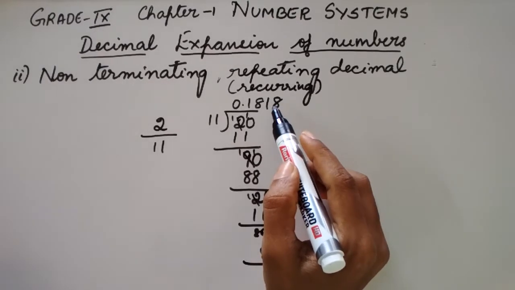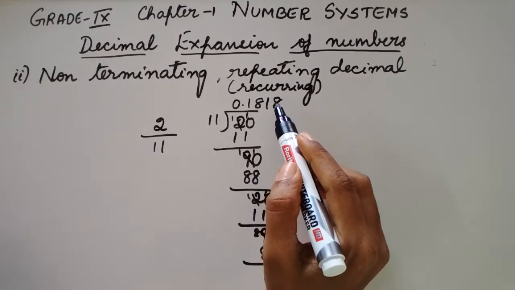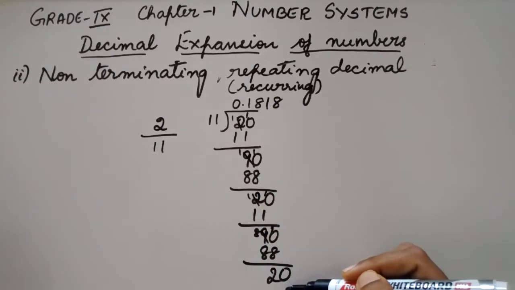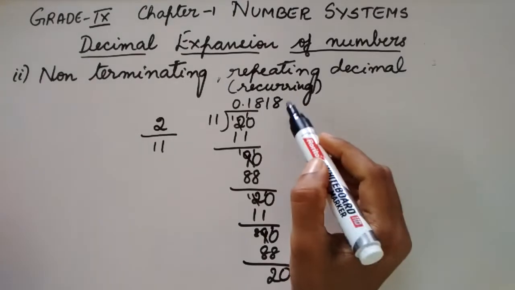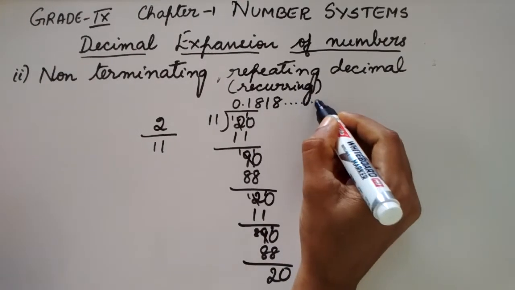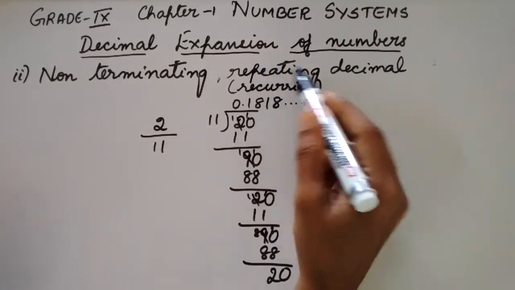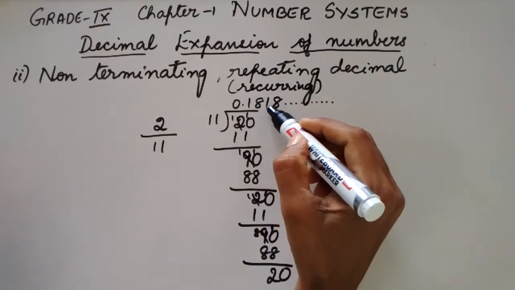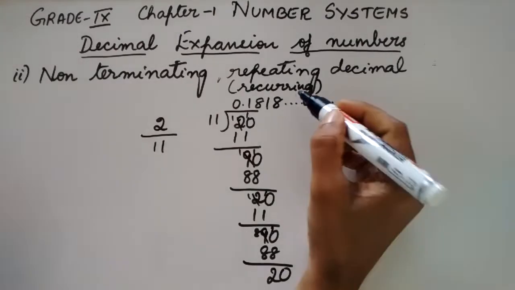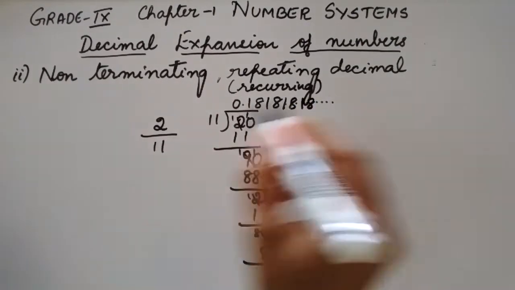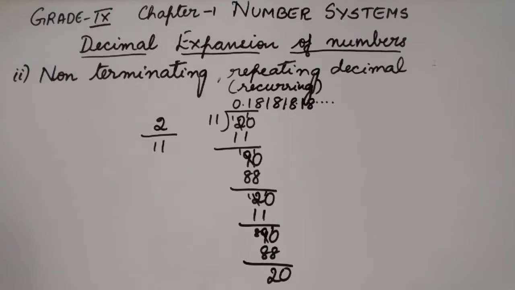What is the meaning of terminating? Terminating means it ends. That is, the remainder becomes 0. Here, the remainder never becomes 0, and it is non-terminating. It never ends. And it is repeating or recurring: 1 8 1 8. And if I go further, I will again get 1 8 1 8. So it is recurring.